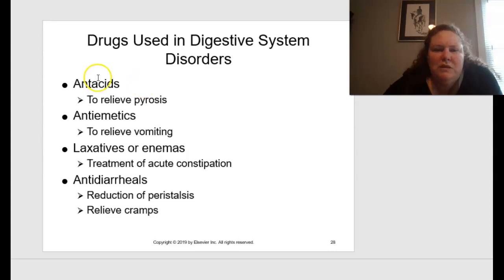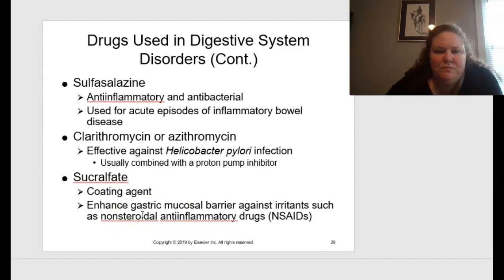Some of these drugs would be antacids to relieve pylorus, antiemetics to relieve vomiting, laxatives or enemas to treat constipation, and antidiarrheals, which are going to reduce that pushing feeling, that peristalsis, and also relieve cramps.